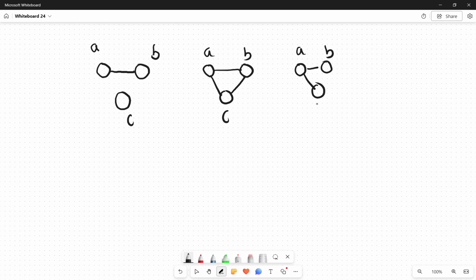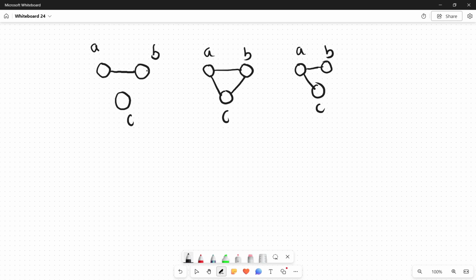Okay, without loss of generality, we can swap these vertices. So if you try to argue that this case is different than this case, then it is not correct, because I can always swap this b and a to get the same structure.